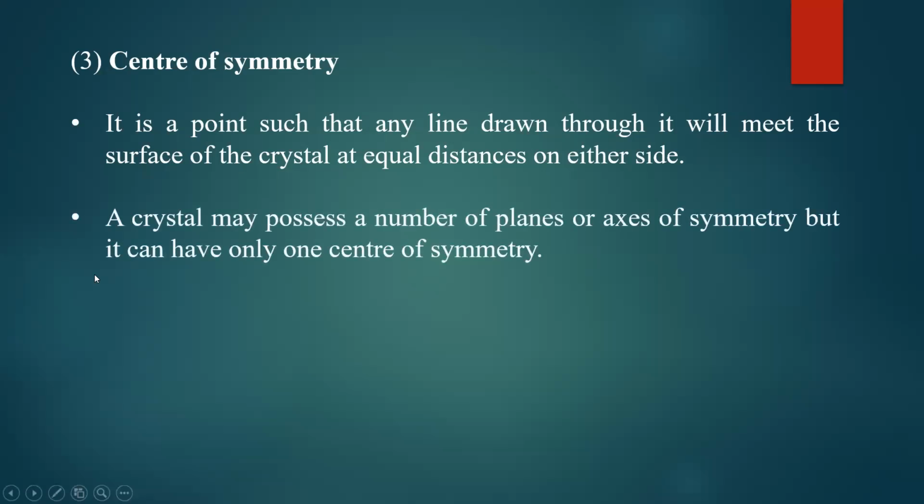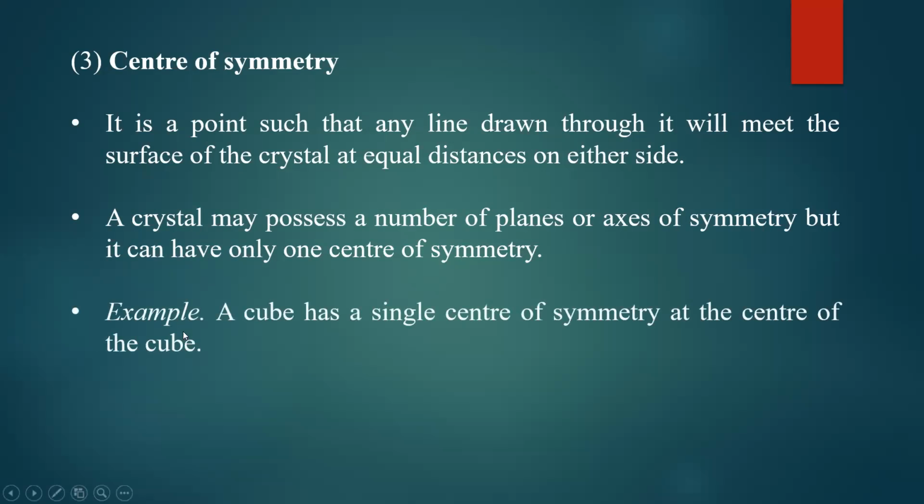The crystal may possess a number of planes or axes of symmetry, but it can have only one center of symmetry. That is one important point you can note. Planes of symmetry and axes of symmetry can be more in number, but the center of symmetry is observed to be only one.